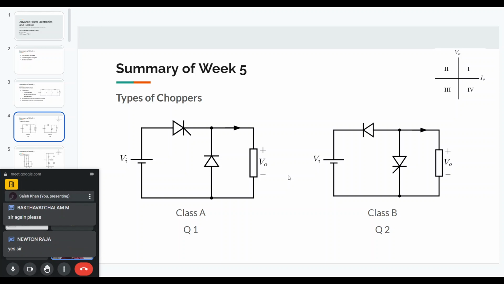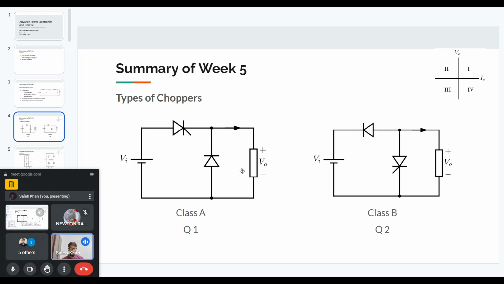Okay, so we are talking about the convention and the polarity of the voltage and the direction of the current. In all cases, I have taken one convention for the voltage and one convention for the current. If the actual voltage that we get at the output has the same polarity as what I have shown here, then we will say it is a positive voltage.